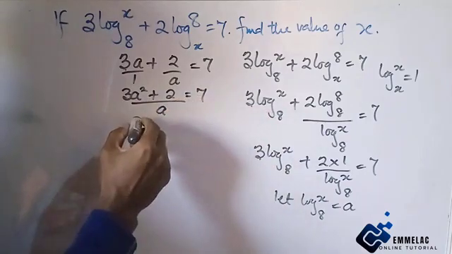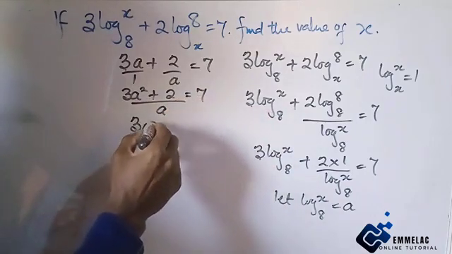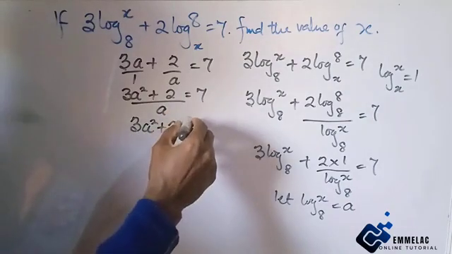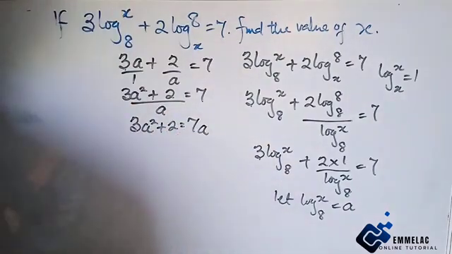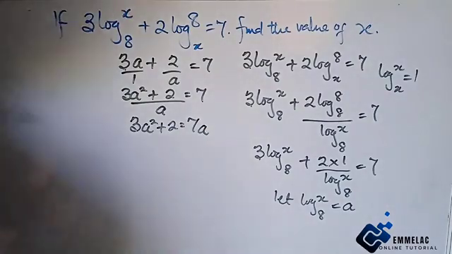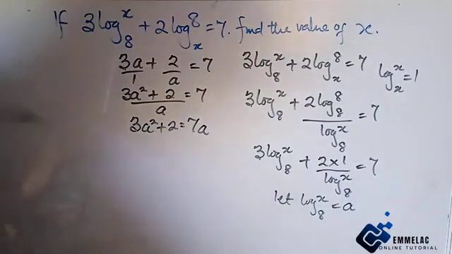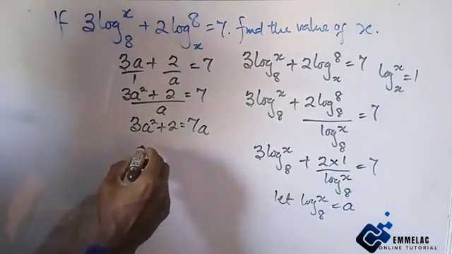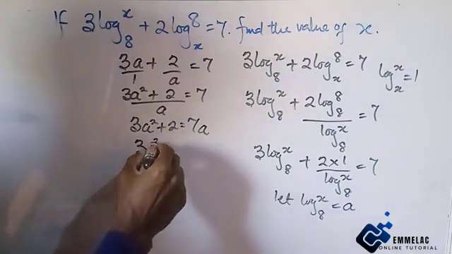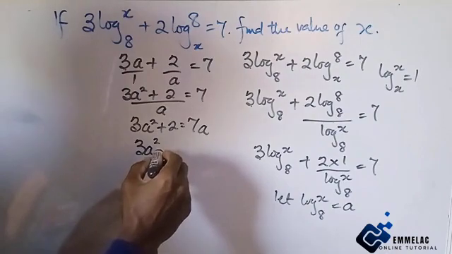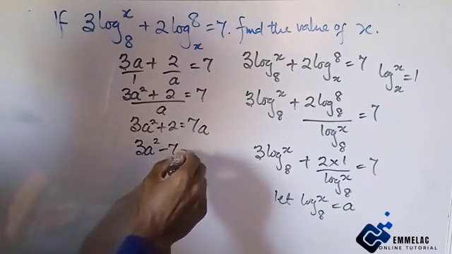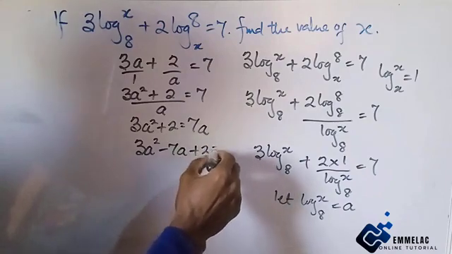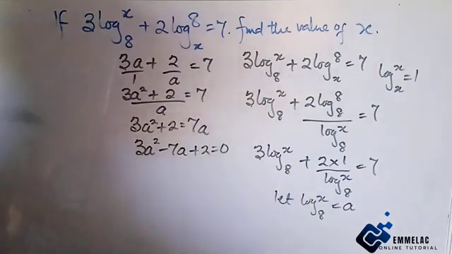So in a nutshell, here we have 3a squared plus 2 equals, cross multiply, 7a. Okay, so this is the expression we'll be working with. From here you can say this is 3a squared minus 7a plus 2 equals 0.